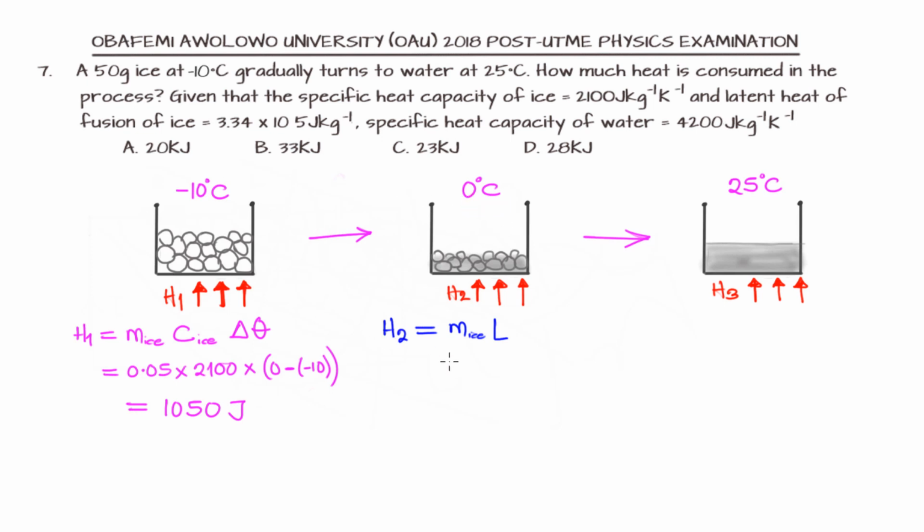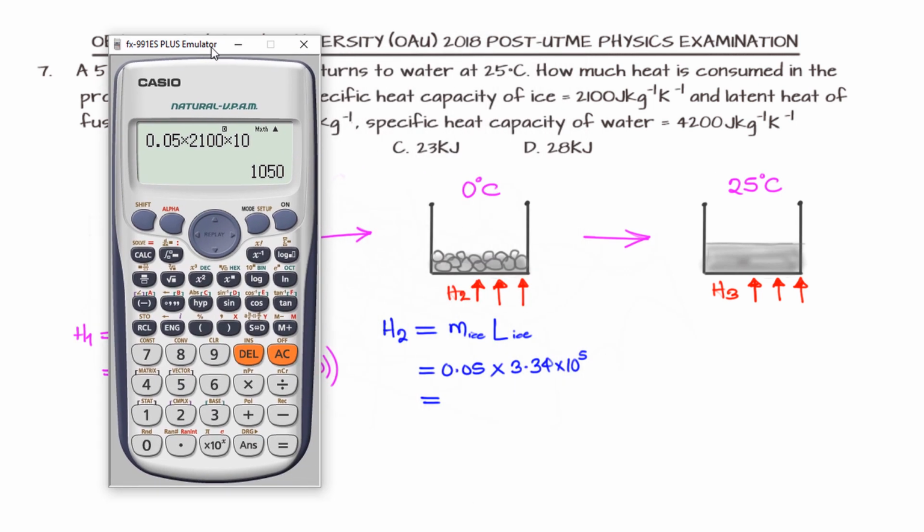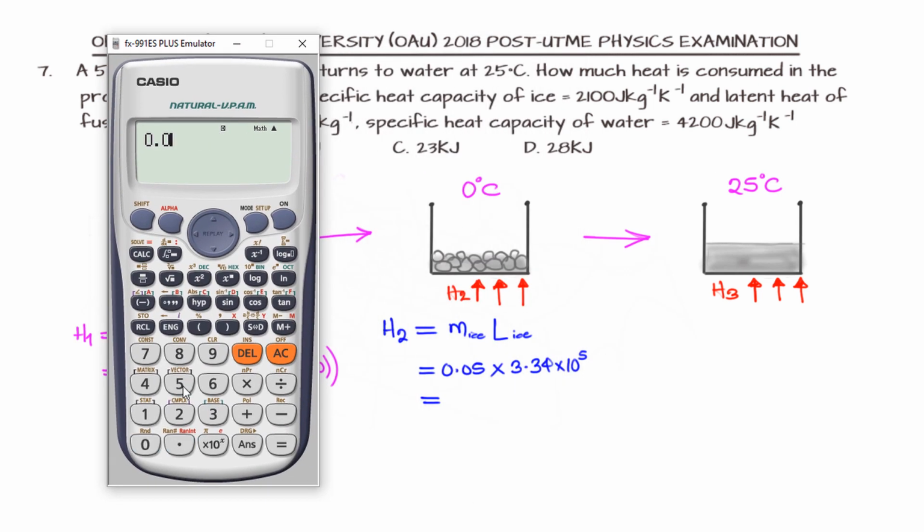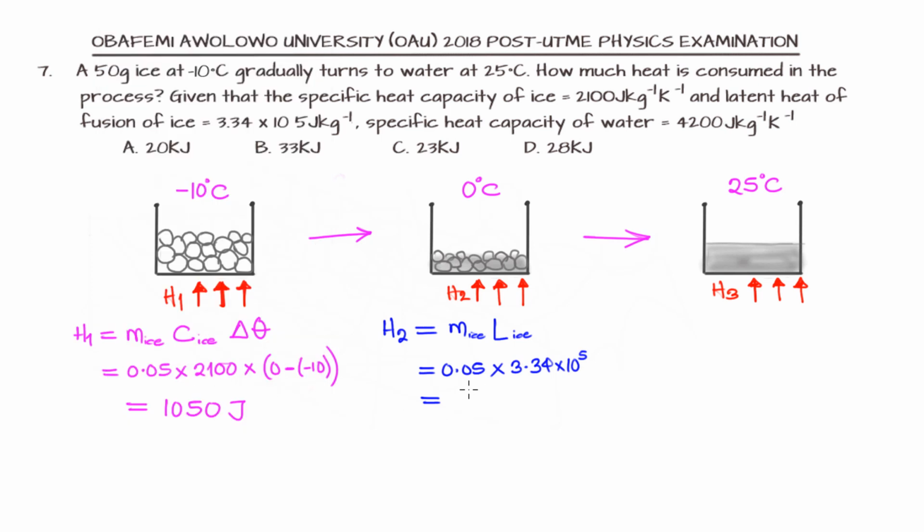Then the temperature change is not involved here because the ice is transitioning to water at constant temperature. So we have 0.05 multiplied by 3.34 times 10 raised to power 5 joules per kilogram. If you multiply that, 0.05 times 3.34 times 10 to the 5, that's 16,700 joules.